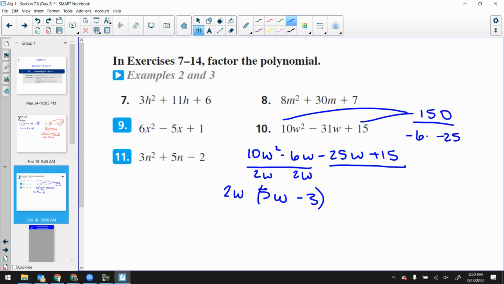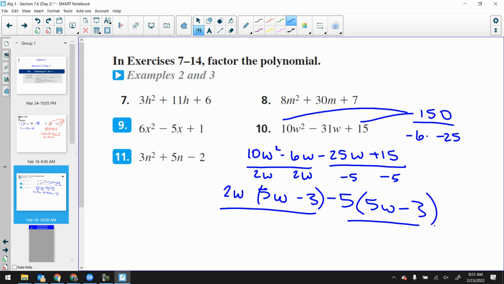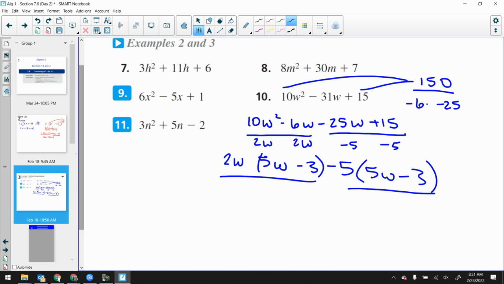My GCF, I know, has to be negative, and I can divide both of them by 5. So it's negative 5. Negative divided by negative is a positive 5. Bring down the w. Positive divided by negative is a negative 3. And look at that. Look at my common binomial there, 5w minus 3. So we got 5w minus 3, and then my leftovers, 2w minus 5.